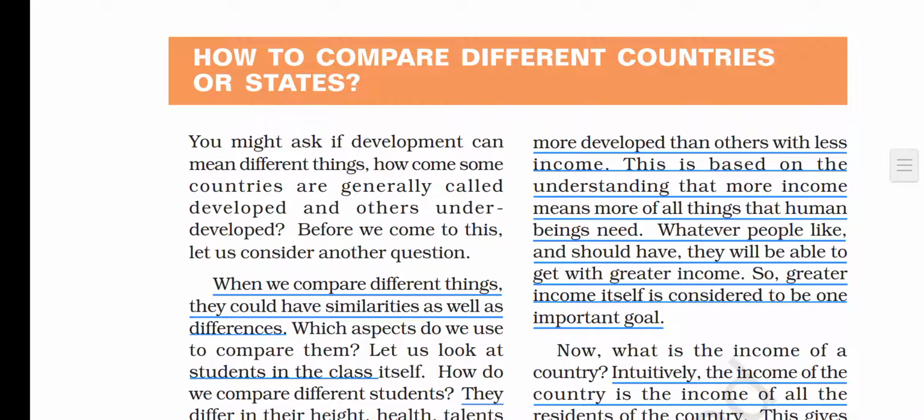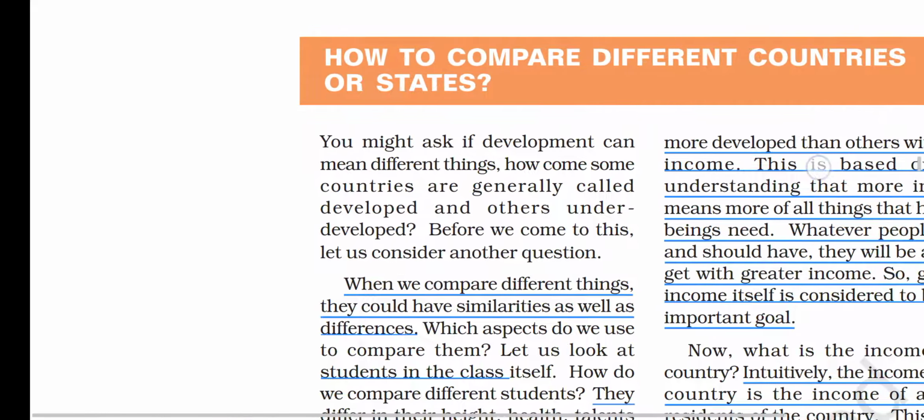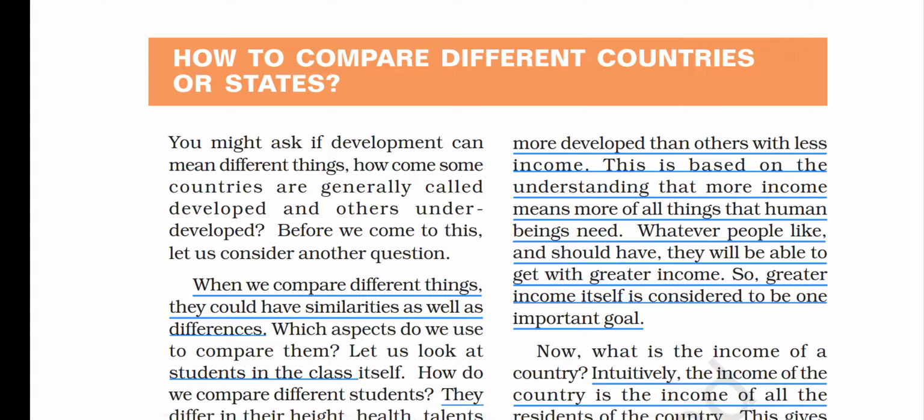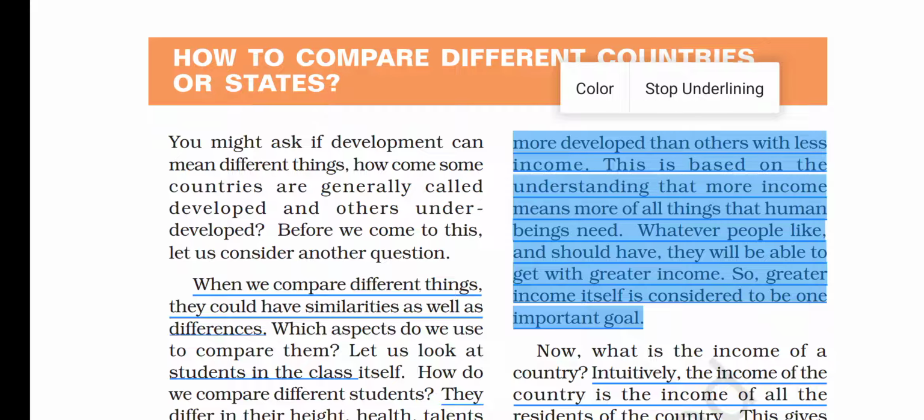That is quite obvious, that a country having more income can afford more facilities in life, more development of infrastructure and various other required facilities. A country with less income will definitely lack this advantage of developing. This is based on the understanding that more income means more of the things that human beings need.